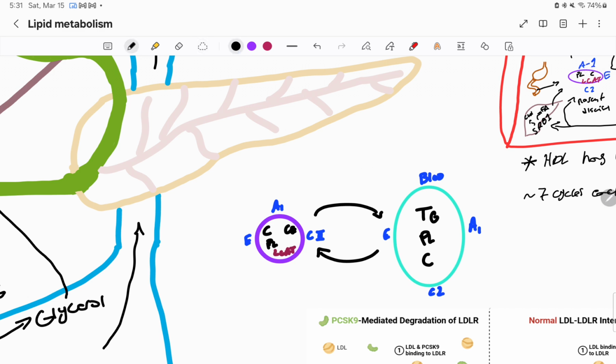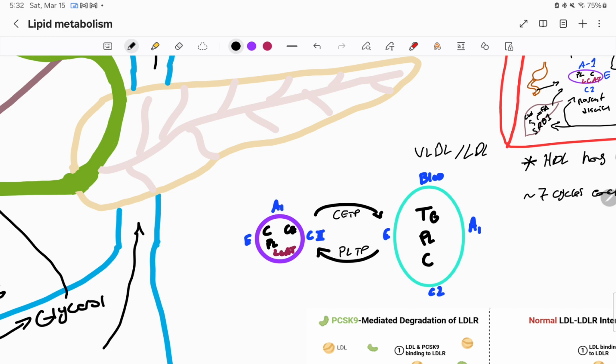It has this enzyme called cholesterol ester transfer protein and this other one called phospholipid transfer protein, where it'll interact with VLDLs and perhaps an LDL molecule as well. That has been shown. And it'll transfer some of its cholesterol esters to these VLDL molecules, and instead it'll pick up phospholipids from them.